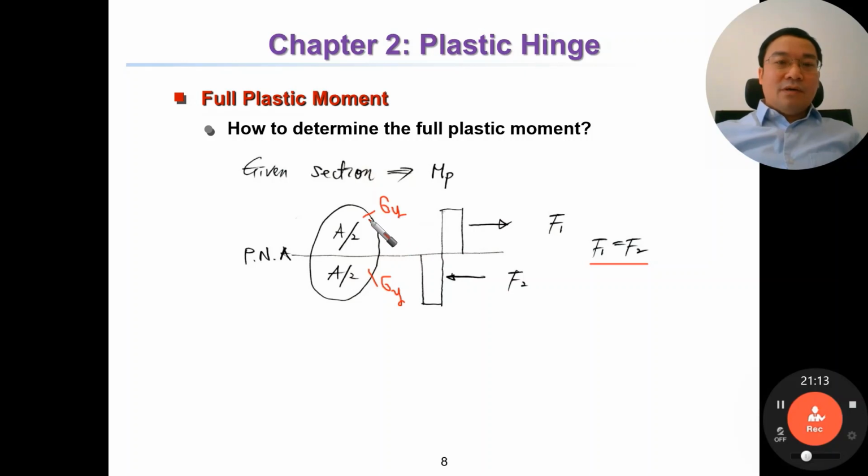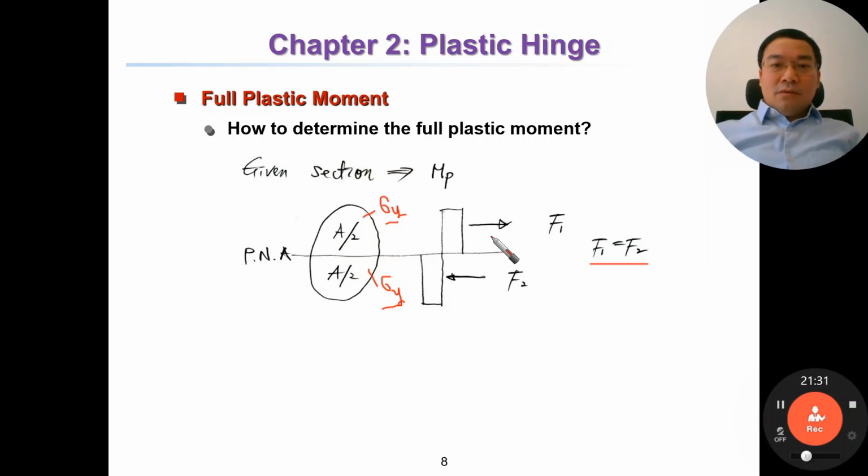If in compression and tension the yielding stress is different, it is not divided into two parts like this, but depends on F1 equal to F2.